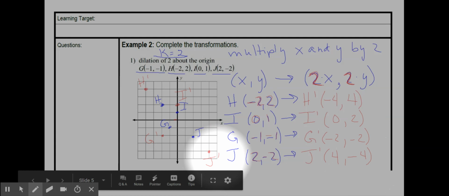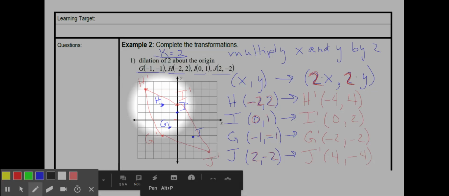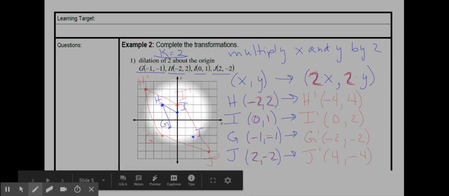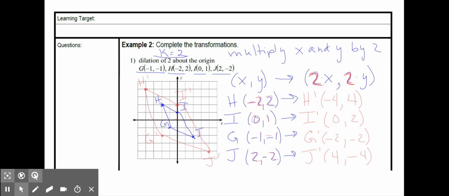All right, now I want to connect my enlargement. And I also want to connect my pre-image. And we can see that the image did grow. Great. So our dilation is just a number or a scale factor that we're going to multiply both x and y by. Let's do another one.